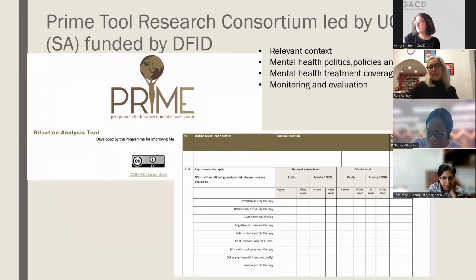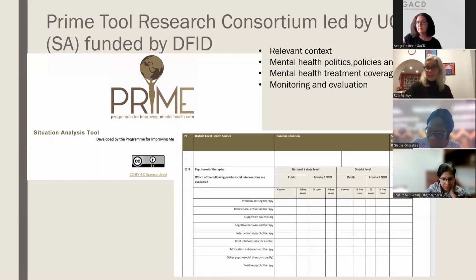And then I wanted to tell, and I'm going to make this quite short. I wanted to show that many of you might have heard about the PRIME, the Program for Improving Mental Health Care, that was led by UCT, the University of Cape Town. And they came up with a really, really comprehensive tool of context assessment.